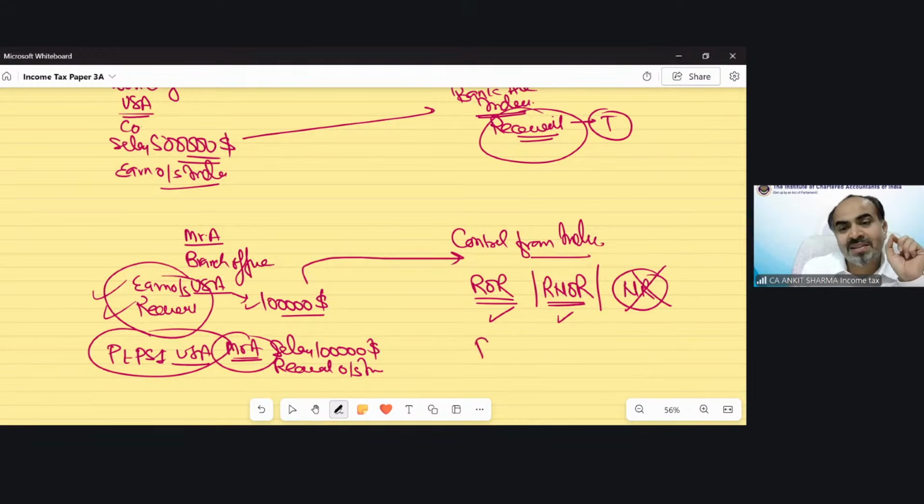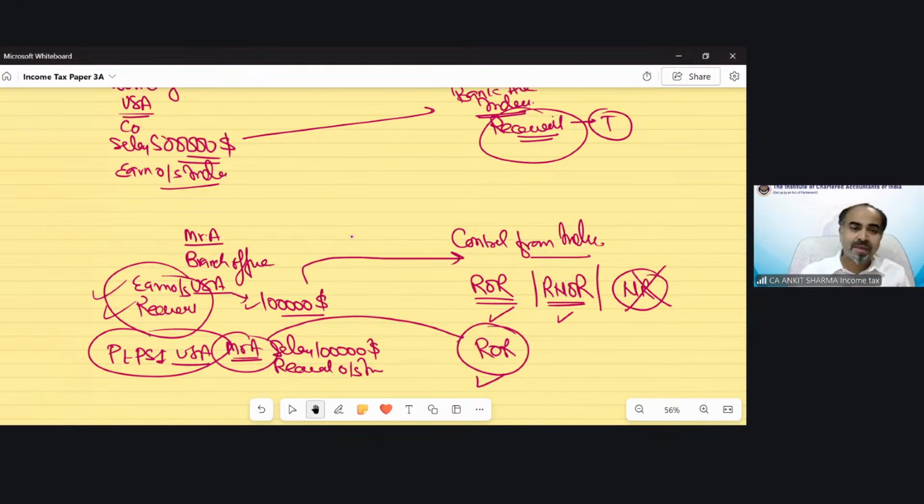If Mr. A is a resident and ordinary resident, then only he needs to pay tax on that income. Even if it arises outside India, is received outside India, and is controlled from outside India, still he needs to pay tax if he is a resident and ordinary resident. So if I ask you, students, what we all are right now, I believe we all are resident and ordinary resident.